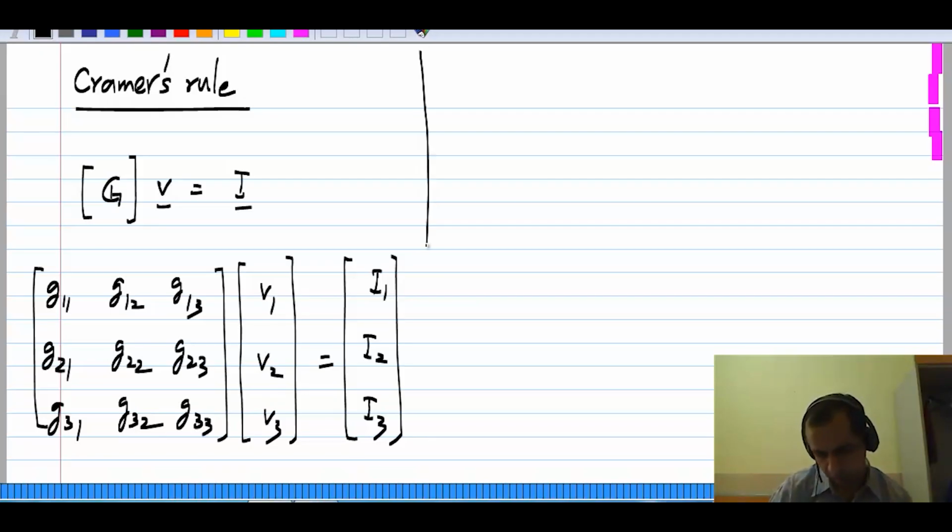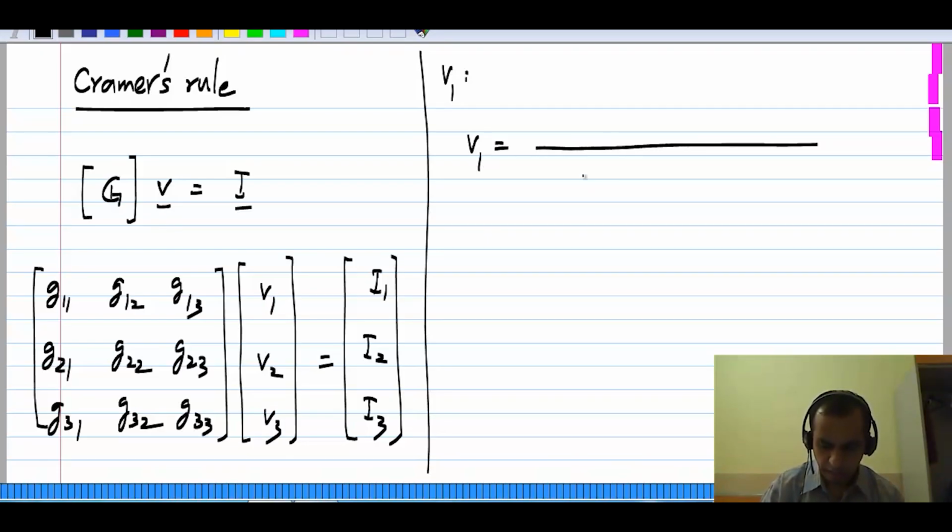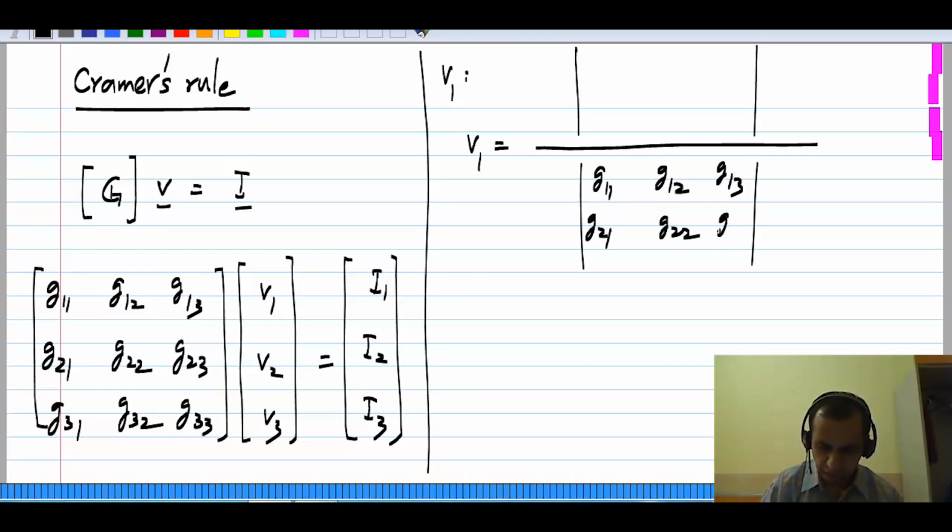Now this Cramer's rule is convenient when you are not looking to solve for the vector completely. So let's say you want only one of them, let's say V1. V1 turns out to be the ratio of two determinants, and in the denominator we have the G matrix itself, G11, G12, G13, G21, G22, G23 and G31, G32, G33.